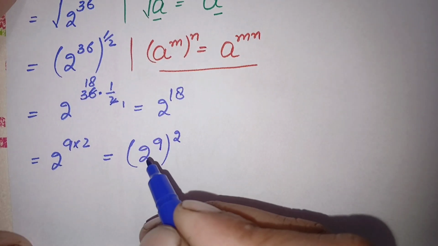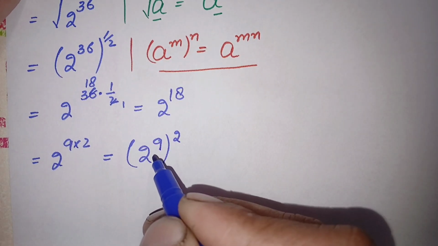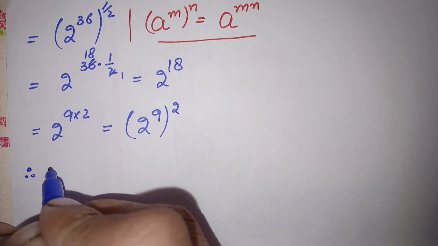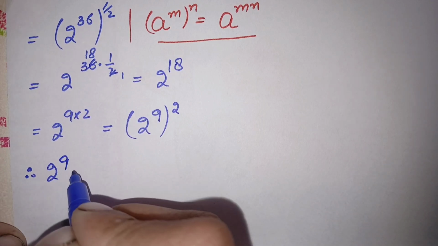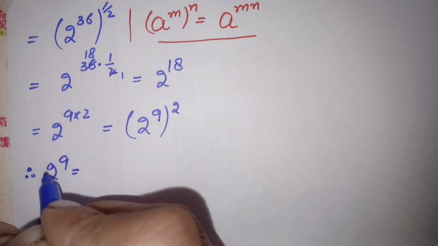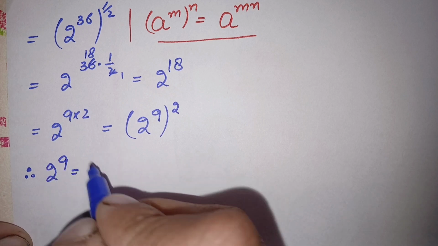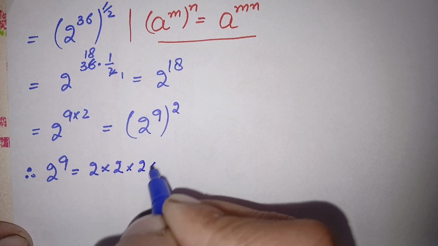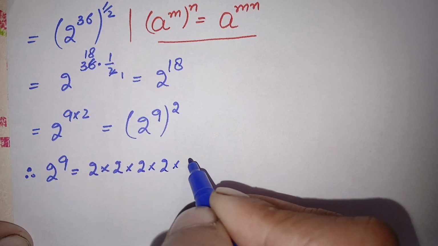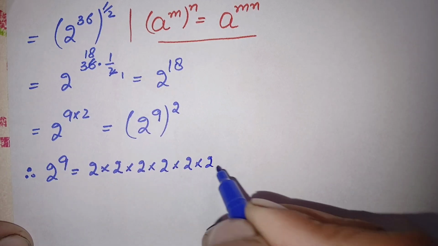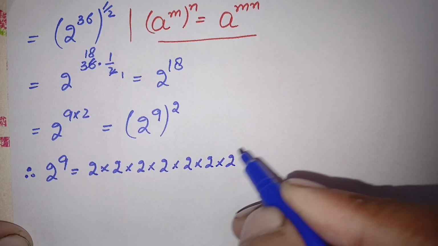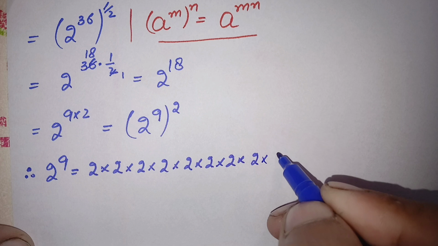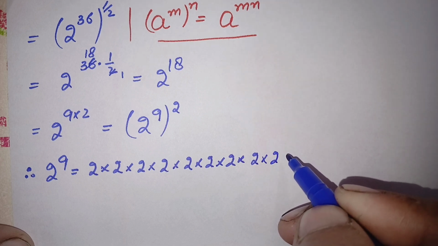And we will try to find out the value of 2 raised to power 9. What is the value of 2 raised to power 9? Here it means that we have to multiply 2 nine times. So let's try it. 2 times 2 is 4, 4 times 2 is 8, 8 times 2 is 16, 16 times 2 is 32, 32 times 2 is 64, 64 times 2 is 128, 128 times 2 is 256, 256 times 2 is 512.